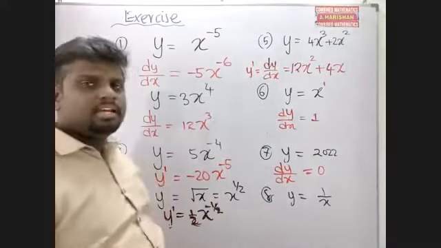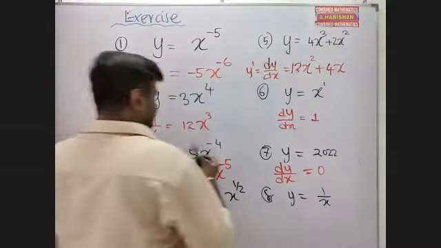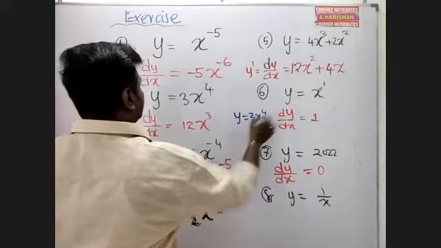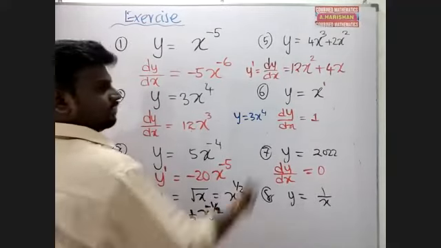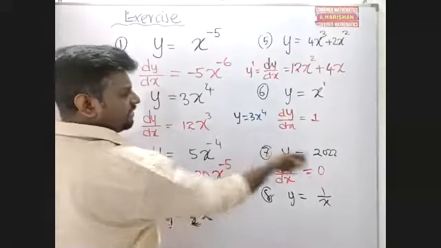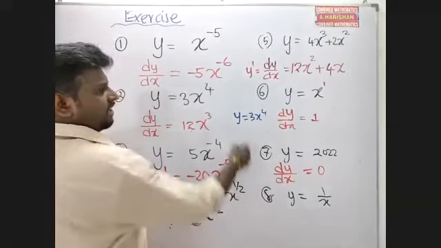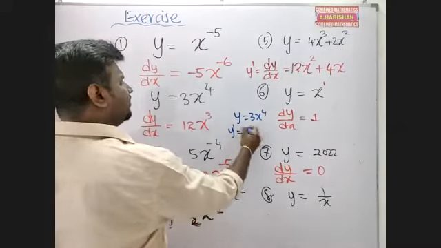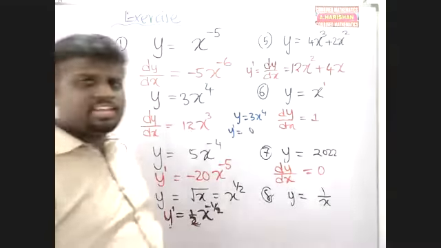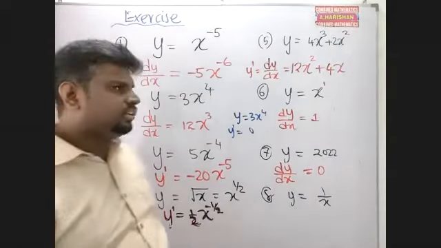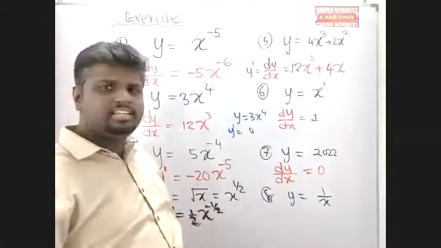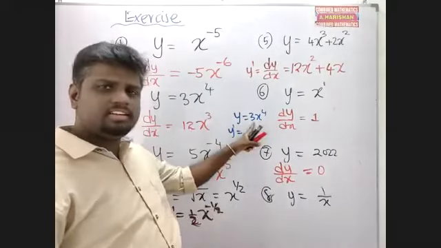Then a student came with something like this: y equals 3x to the power 4. When I asked them to differentiate this, they wrote 0. I asked why. They said, sir, you said if you differentiate the constant, that is 0, no? So 3 is the constant, 0.